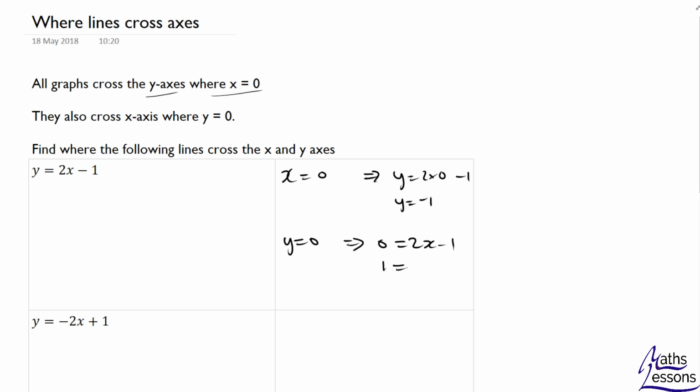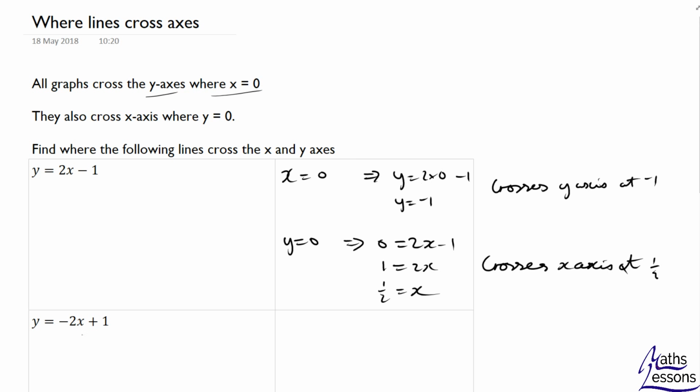Rearrange that to get 1 equals 2x, adding 1 to both sides. And then we can divide by 2, get a half. So therefore it crosses the y-axis at minus 1 and crosses the x-axis at a half.